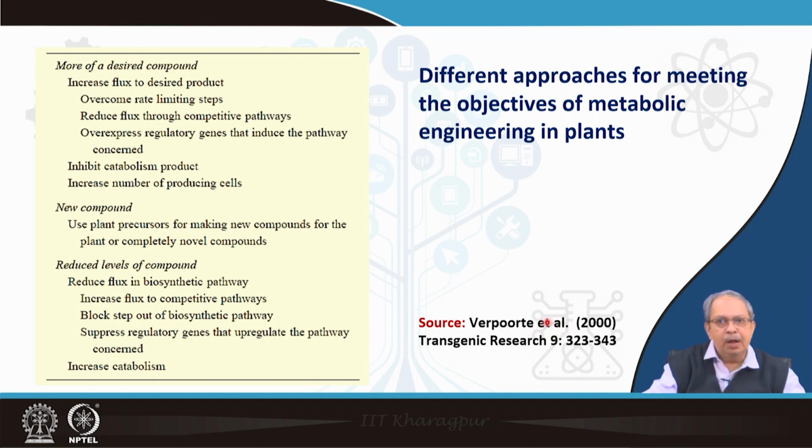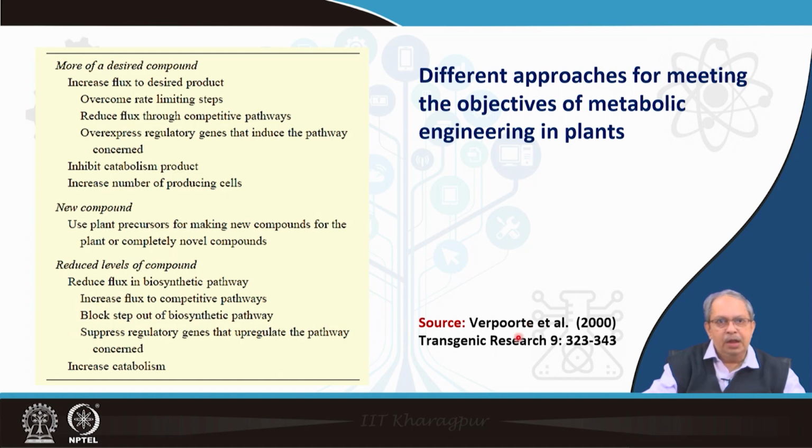Why does that happen? There may be several branching steps which we are not aware of, and targeting a particular step may lead to upliftment of another step. So, sometimes through this way a novel compound can be harnessed.